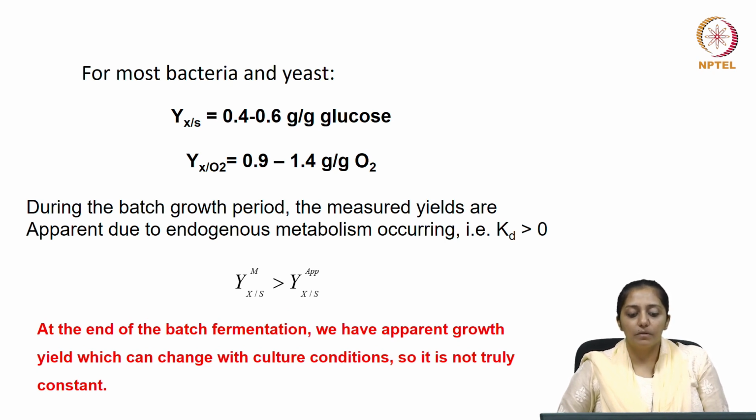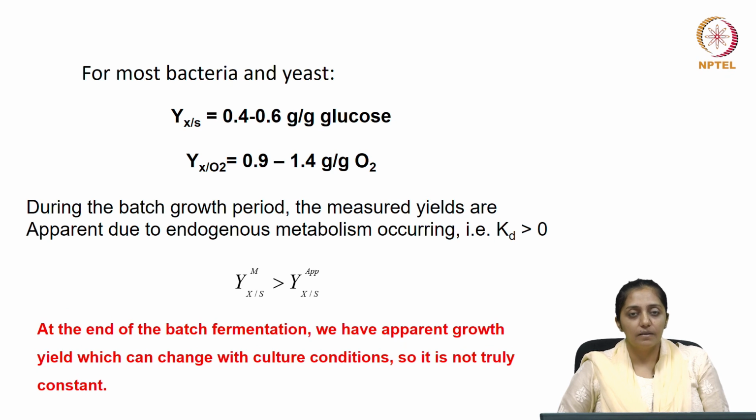During the batch growth period, the measured yields are apparent due to endogenous metabolism occurring, which means in that case the numerical value of Kd will be greater than 0.